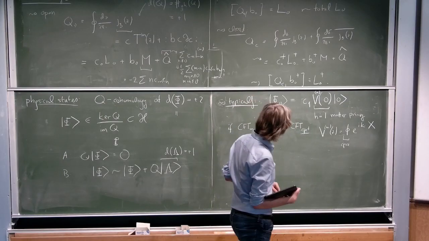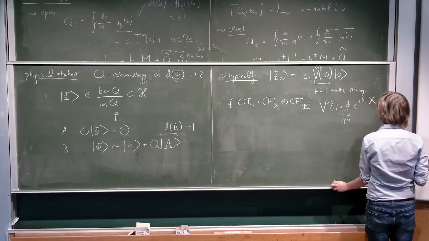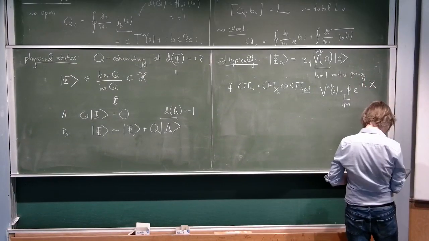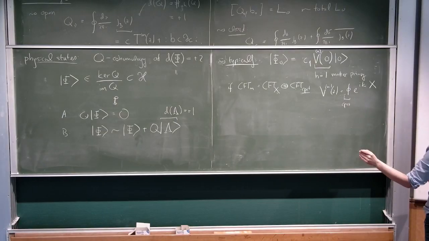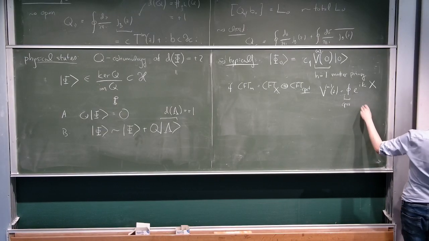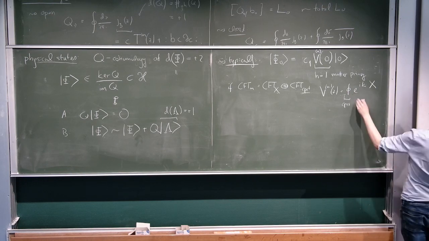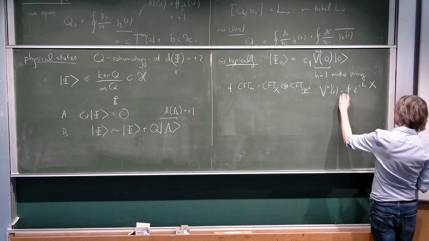So that thing will actually always be a matter primary. Then of course I can also consider some boson oscillators in front of this exponential. Then I would have to satisfy some additional conditions in order for that to be primary.